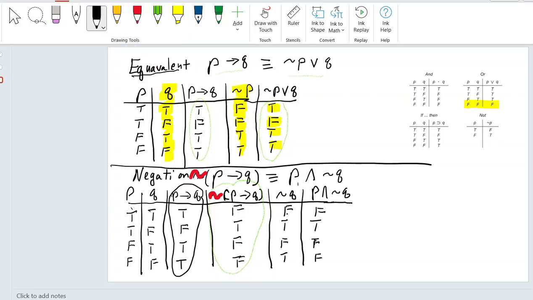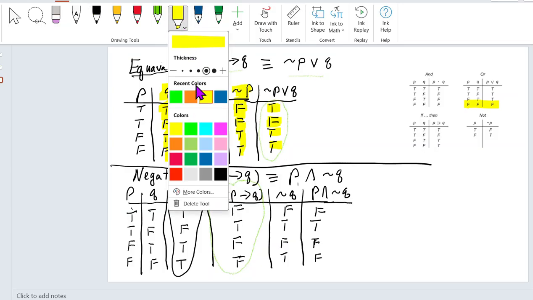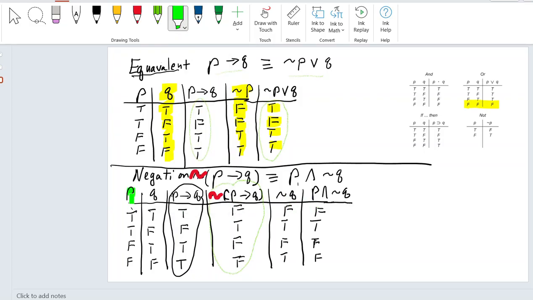And so I go through and I first do not Q, which is the opposite of everything here. And then I do P and not Q. So this time I am looking at P, this one here, and not Q.